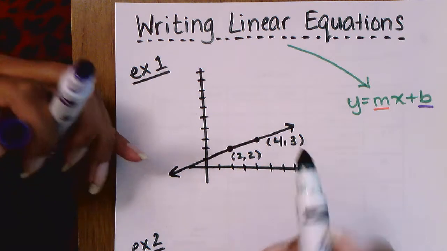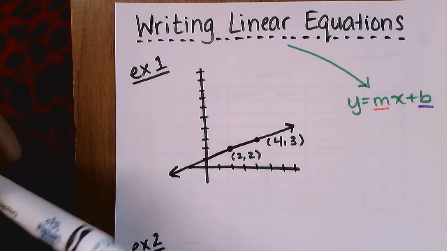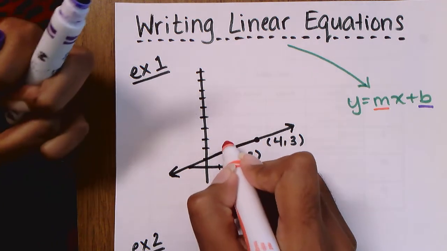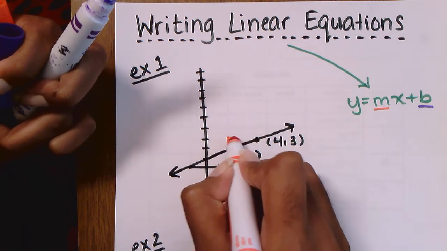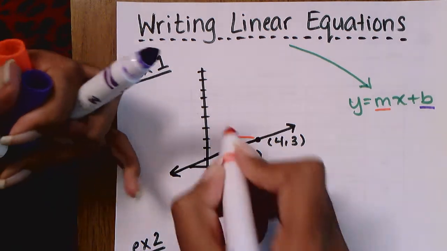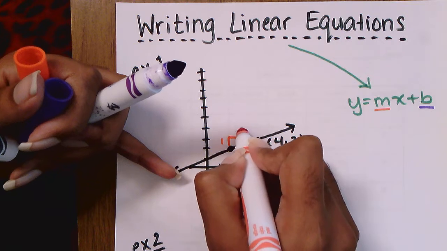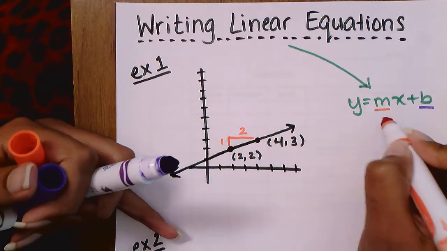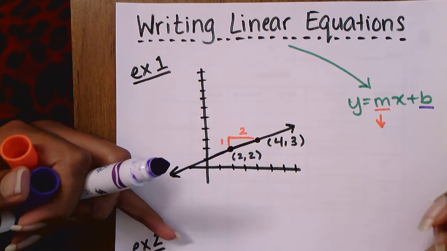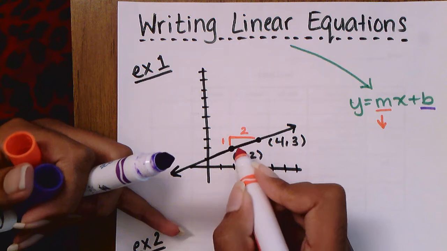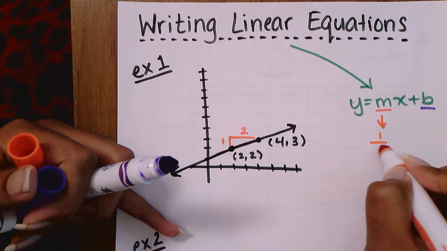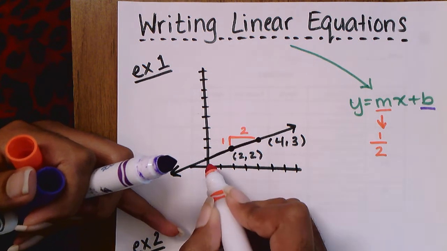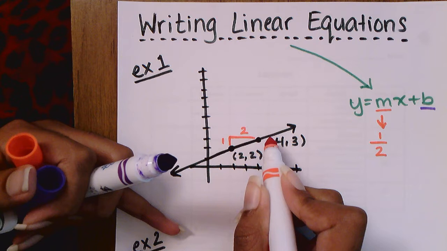So we can find our slope by finding the rise over run between them, the vertical distance between them over the horizontal distance between them. So this was 1 and this is 2. So our m, the slope of the line between these 2 points, has a slope of 1/2, and that's going to be positive 1/2 because the line has a positive slope.